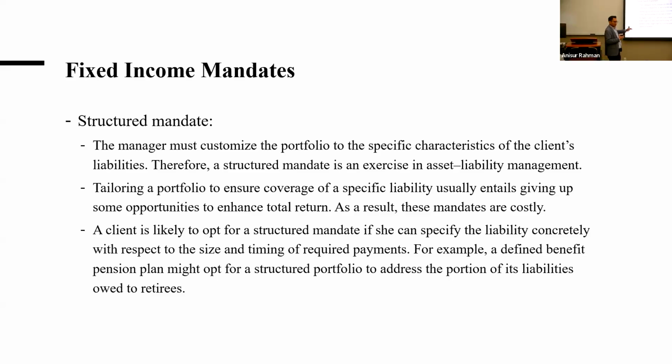That is what it means in a structured mandate: the fixed income portfolio manager has to match the cash flows too, which is a much more difficult task, right? Because when the cash flow is needed, cash flow needs to be generated. That is what it means to customize the portfolio to the specific characteristics of the client's liabilities.